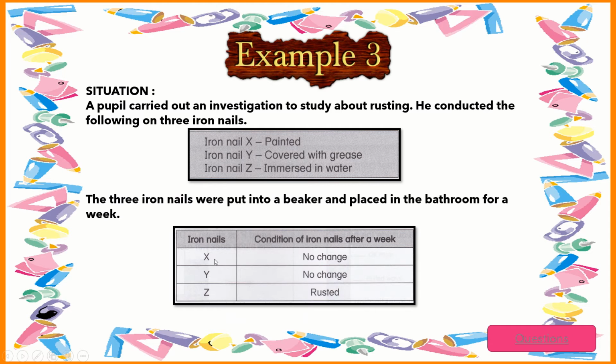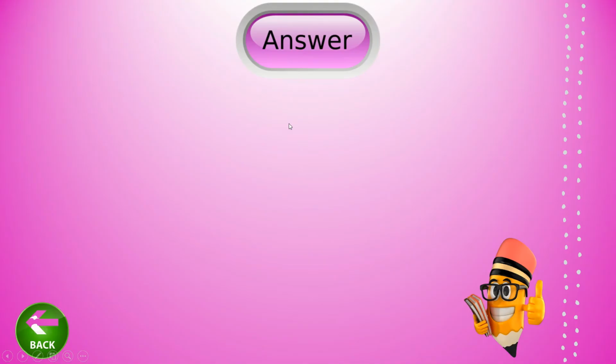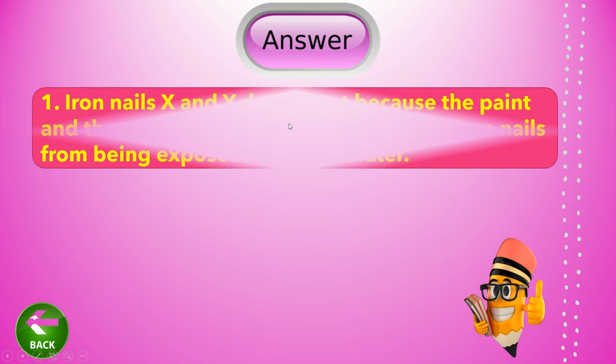Iron nail X, no change, it means no rust. Iron nail Y, no change, no rust, and iron nail Z, rusted. Let's look at the answer. 1.